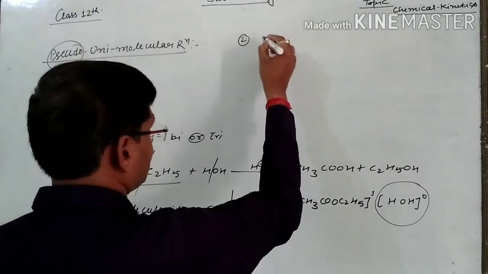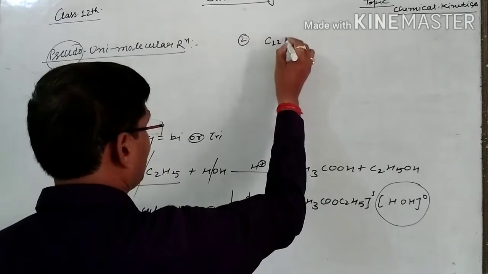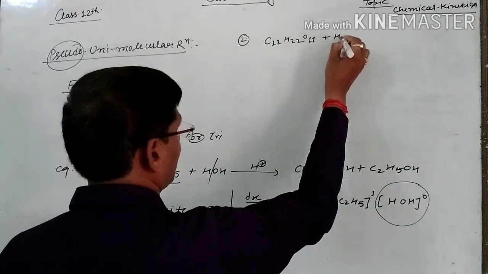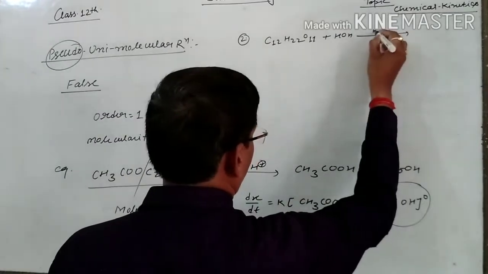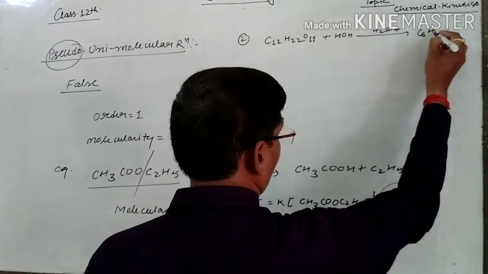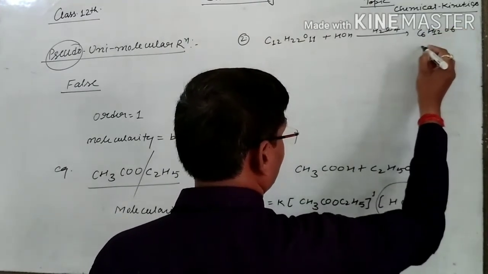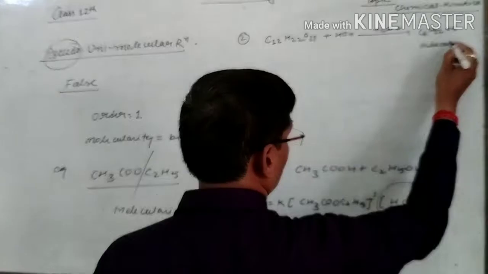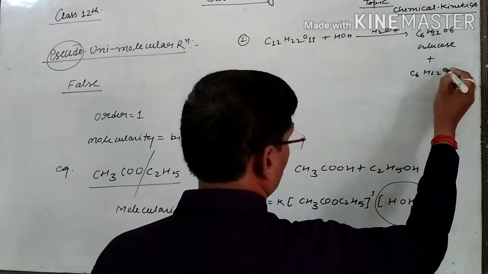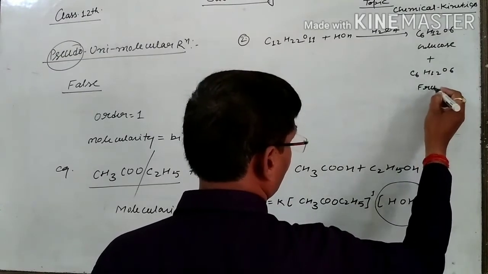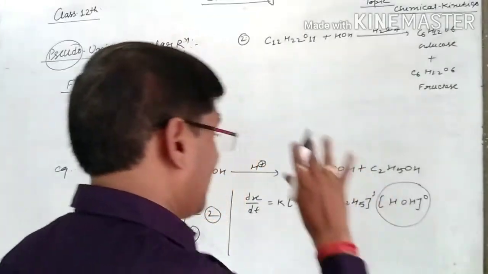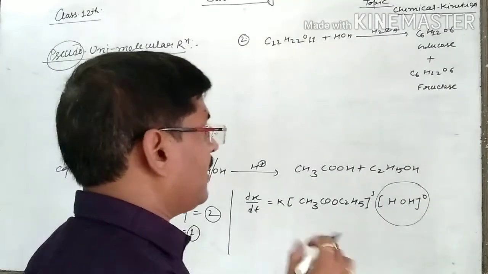Another example: suppose we take sucrose, C12H22O11. I am going to hydrolyze this in acidic medium. It will give C6H12O6, one molecule of glucose, plus C6H12O6, one molecule of fructose. The reaction is balanced. What is the order and molecularity?